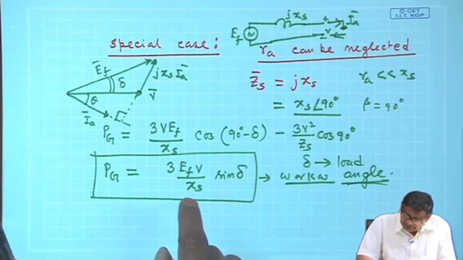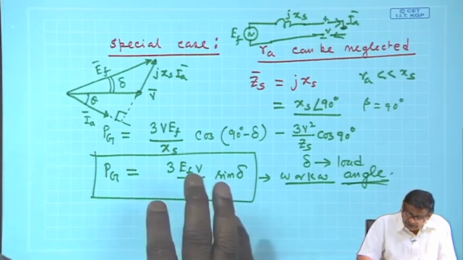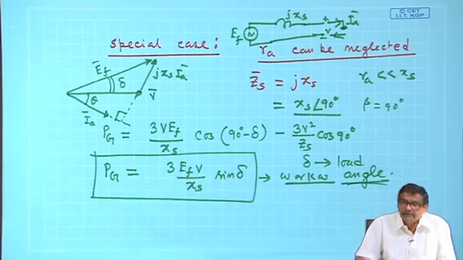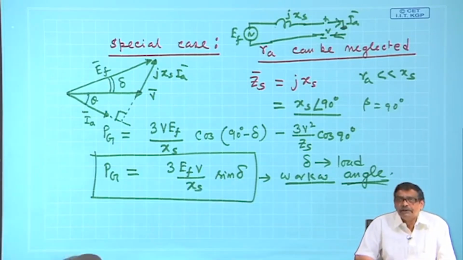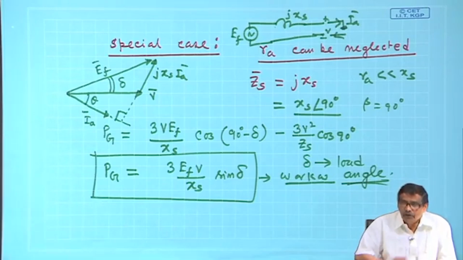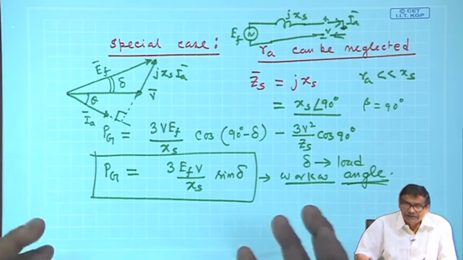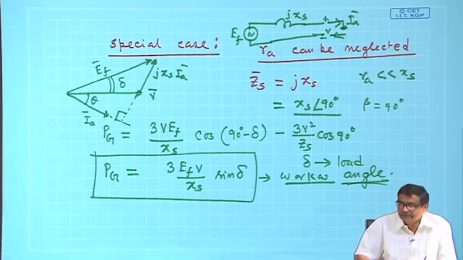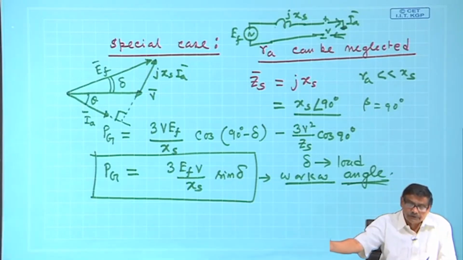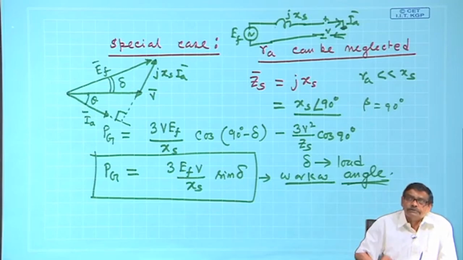Now, it is the real power, mind you. This real power that is being delivered must be coming from the prime mover, whoever is driving this. This kilowatt is the real power, okay. It is used by some consumers.